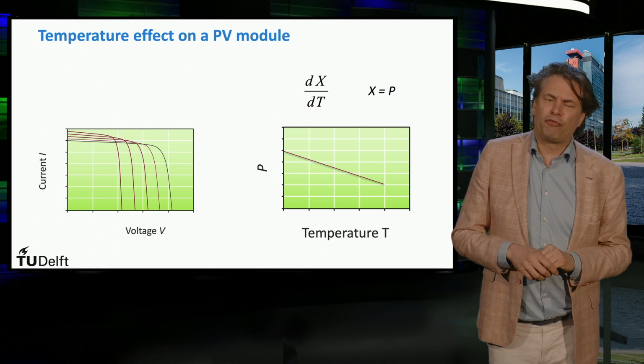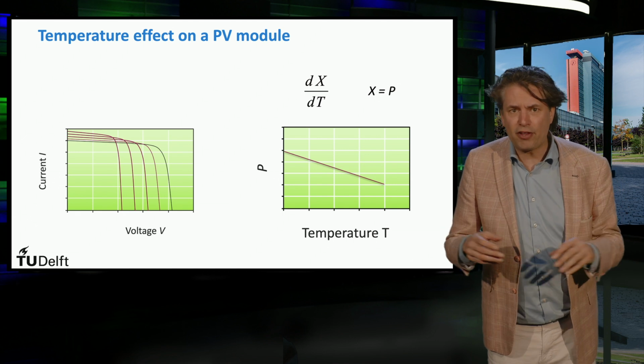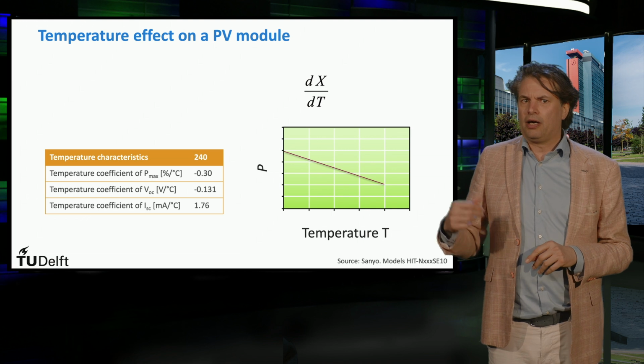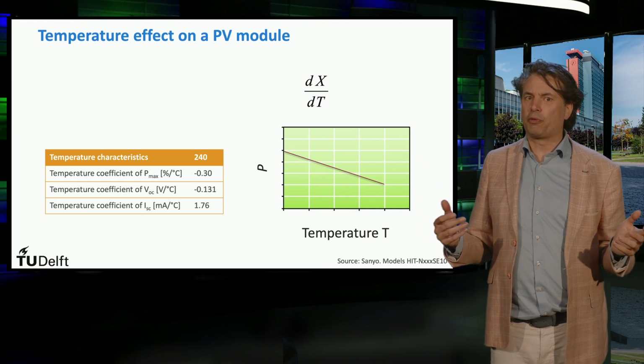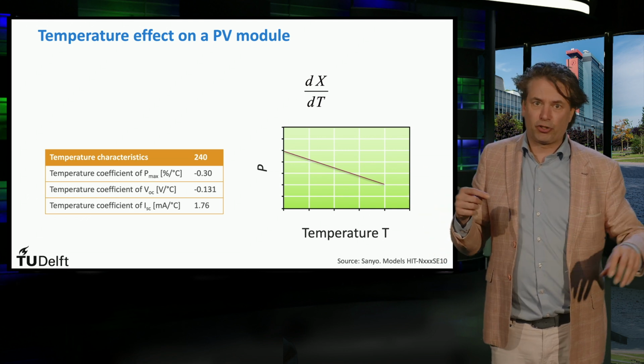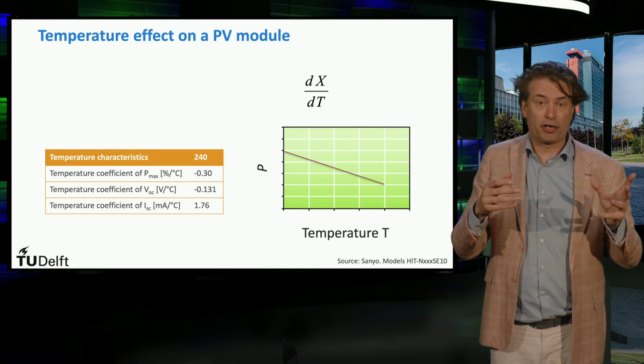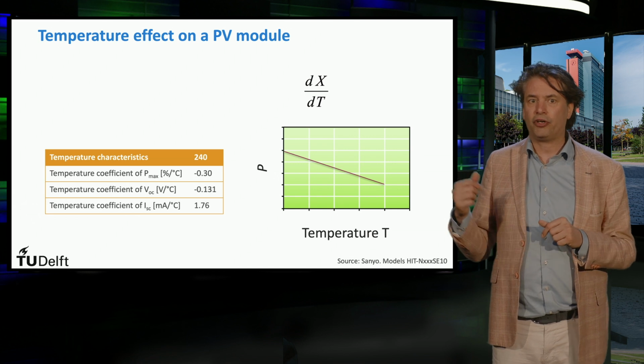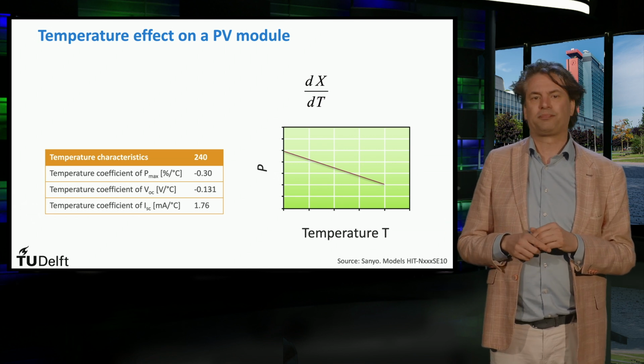Similarly, the temperature coefficient of power is the rate of change of the output power with temperature. A typical datasheet of commercial PV modules specifies the temperature coefficients for the power, the open circuit voltage and the short circuit current under standard test conditions.